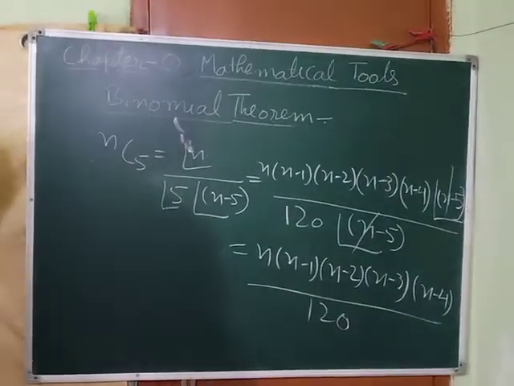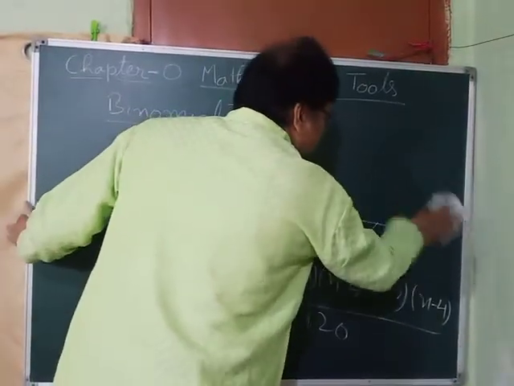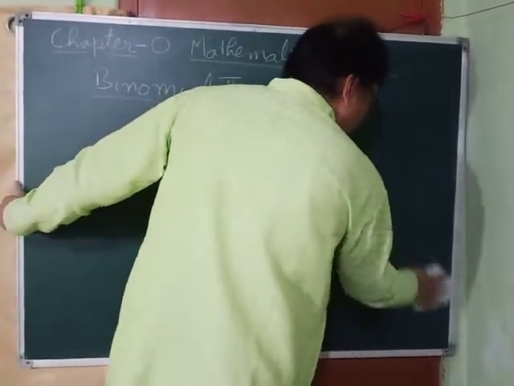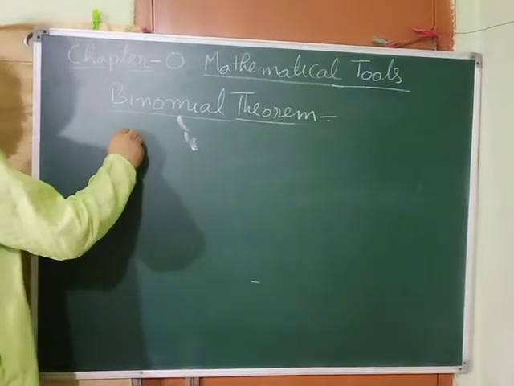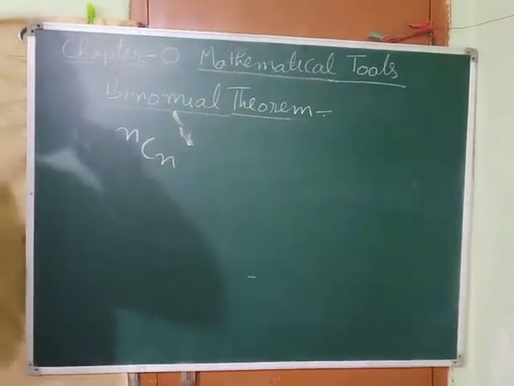Now my children, just pay attention. Children tend to make a mistake here, but don't worry, I will tell you so that you will not make a mistake. Suppose you have NCN, then what will happen? Let's see.